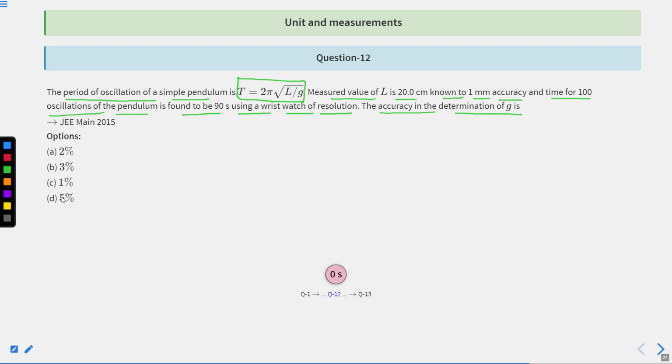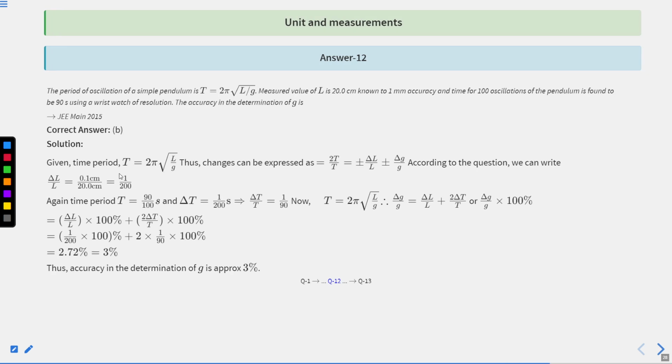Let's find the solution. The time period is 2 pi under root L by G. Thus, changes can be expressed here by squaring both sides. So it becomes T square and under root L by G becomes L by G, which after calculating in terms of relative error, 2 delta T by T equal to this term.